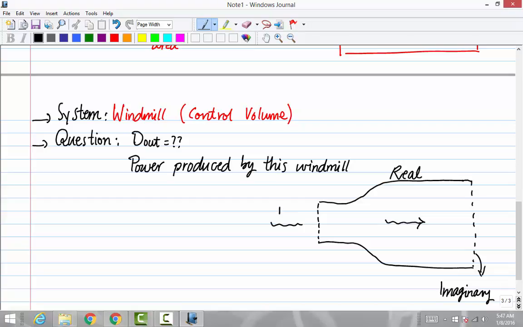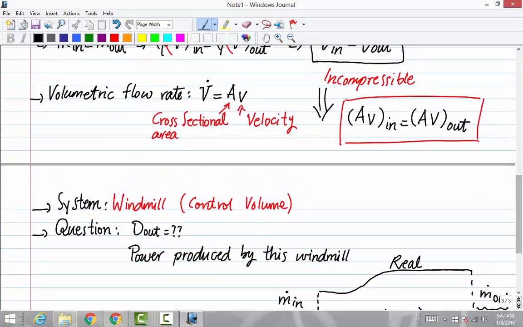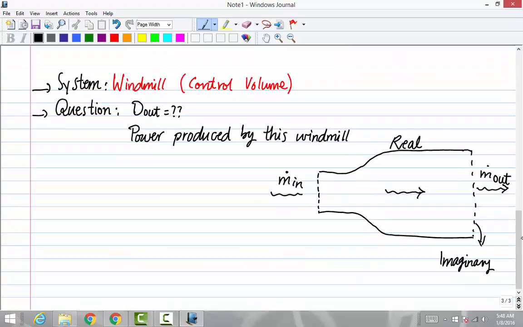We have m dot in and m dot out, right? And we are looking for d out, so we can use the equation that we proved here, AV in equals AV out, and then solve for the cross-sectional area at the outlet, and therefore we can find the diameter at the outlet.